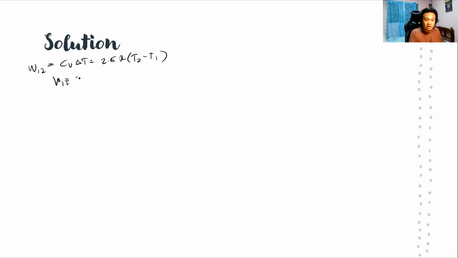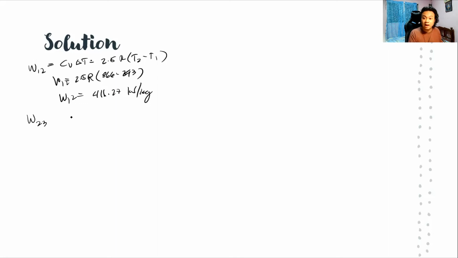Still use the value of R that we are using in this calculation. We have 2.5 times 866 minus 293. You can get 411.27 kilojoules per kilogram.